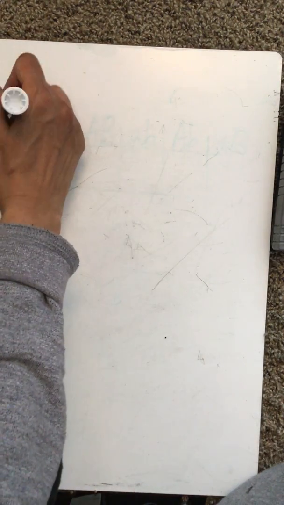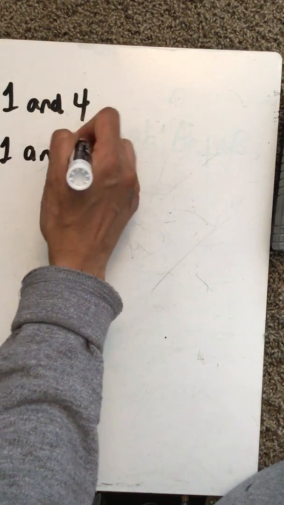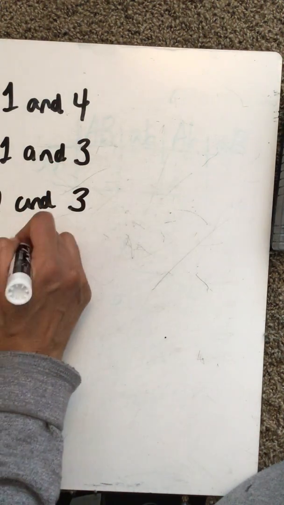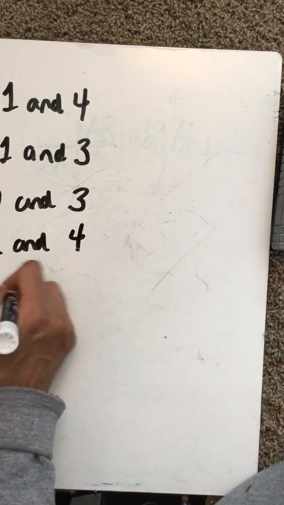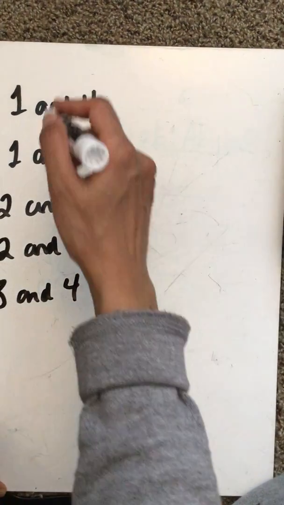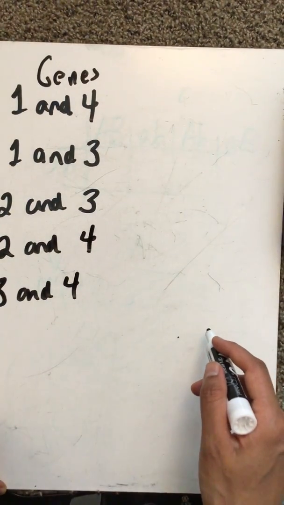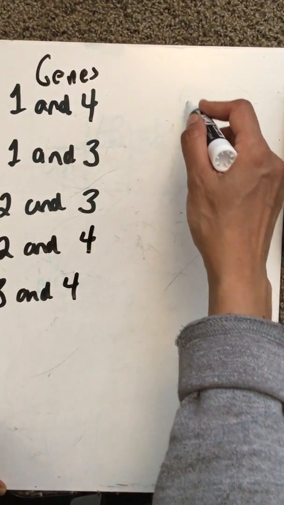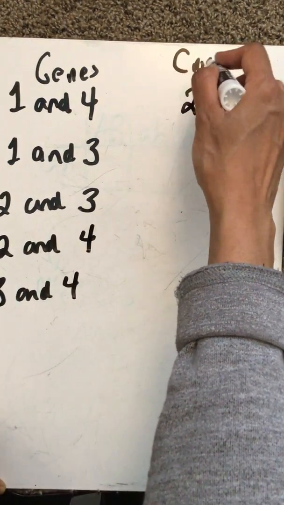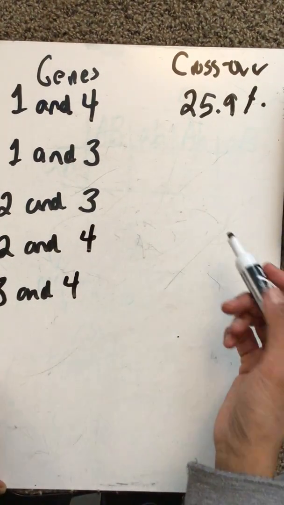So basically you have genes 1 and 4, 1 and 3. You have genes 2 and 3, 2 and 4, and 3 and 4. So these are the genes. There are 4 genes. And genes 1 and 4 are 25.9%, that's their crossover frequency, which is the same as how far apart they are.